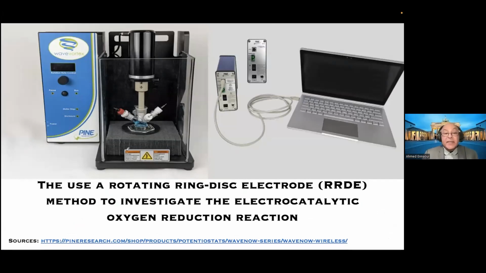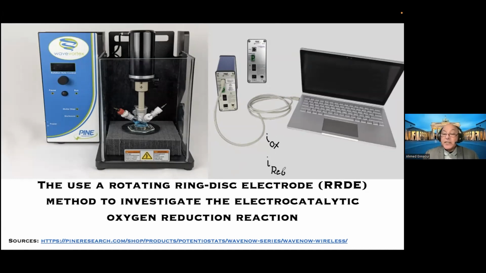Now there is another setup called the rotating ring disk electrode, which uses two potentiostats, not only one. With this setup, you can know the current resulting from an oxidation and the current resulting from a reduction, and you can measure both of them.